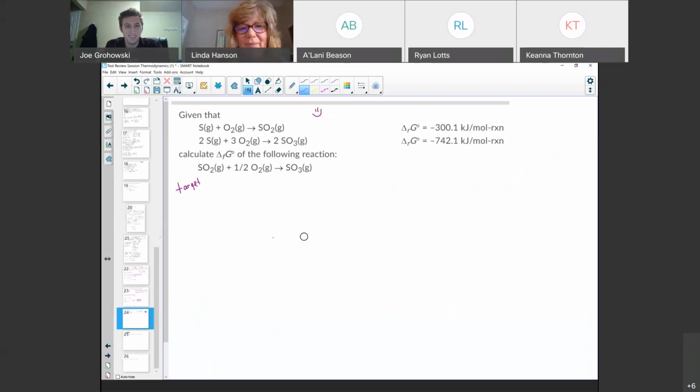This is an application really of Hess's law that we did last chapter. And now we're just using delta G's instead of delta H's. I always think of these as little puzzle pieces: I've got to put these two pieces together, reaction 1 and reaction 2, to somehow build the target.